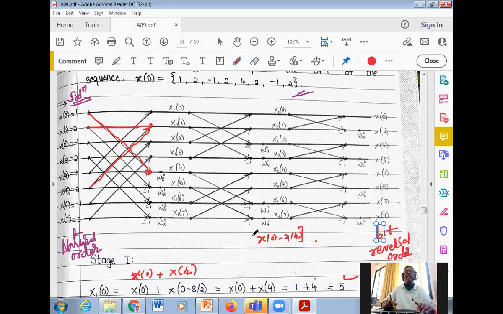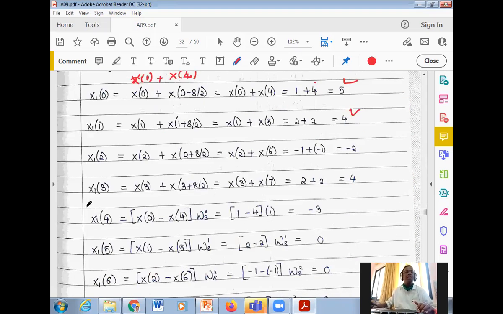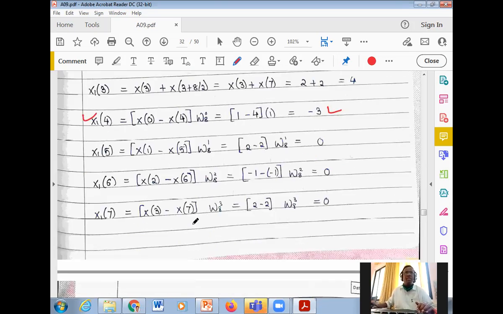This whole bracket is multiplied with the multiplier W80, which has the value 1. So x of 0 minus x of 4 multiplied with W80 equals 1 minus 4, and the value of W80 is 1. So we write 1 minus 4 into 1. The value we are getting is minus 3. This way we have to calculate the values up to x1 of 7.